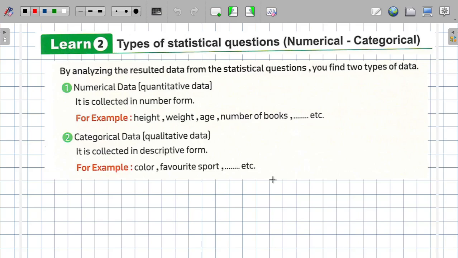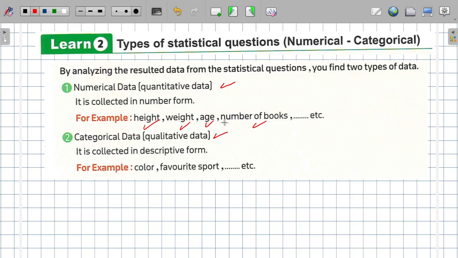So I think I will have two different types of statistical answers. The first type is the numerical data, and the second type is categorical data or qualitative data. So the first one is quantitative. Numerical data, I think the data here will be collected in number form, like height, weight, age, number of books, and so on.